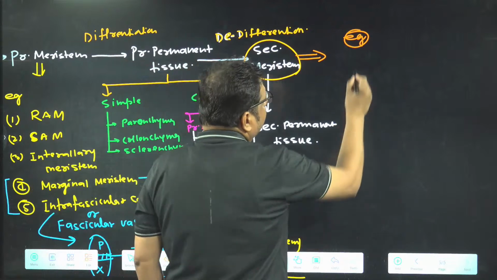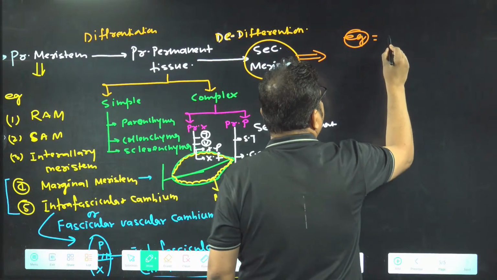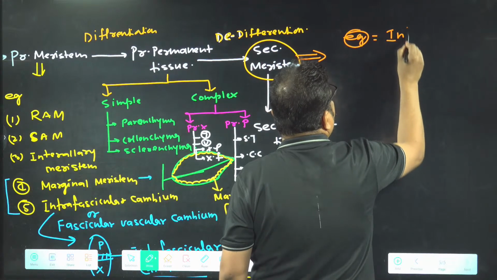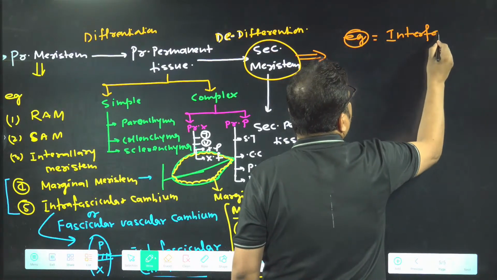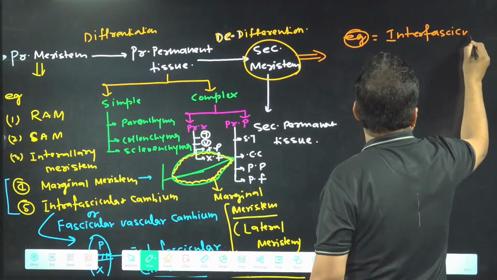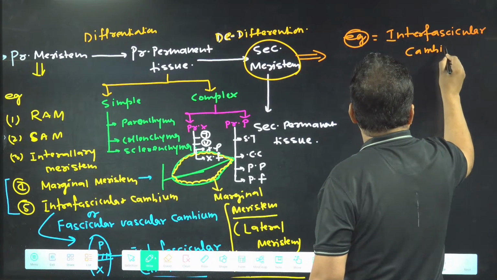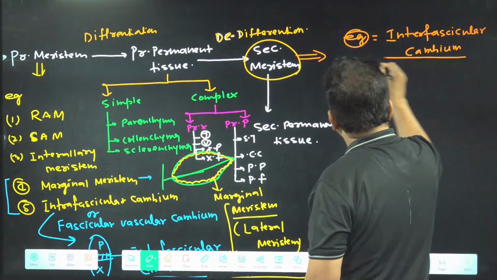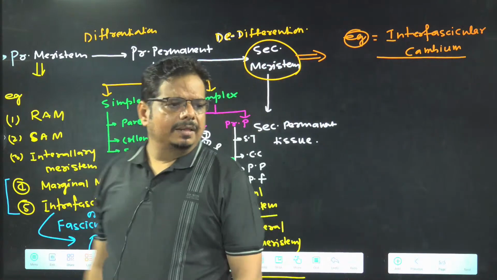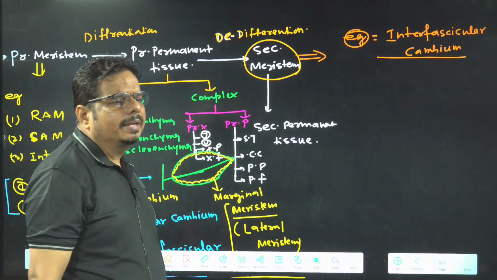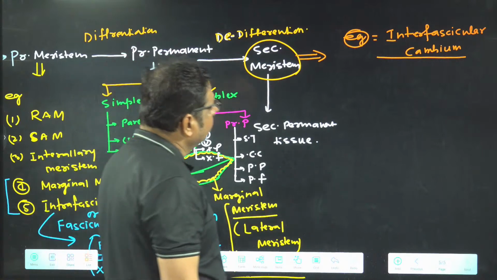So the first example of secondary meristem I am writing is interfascicular cambium. Don't confuse. Intrafascicular cambium is primary meristem. Interfascicular cambium is secondary meristem.